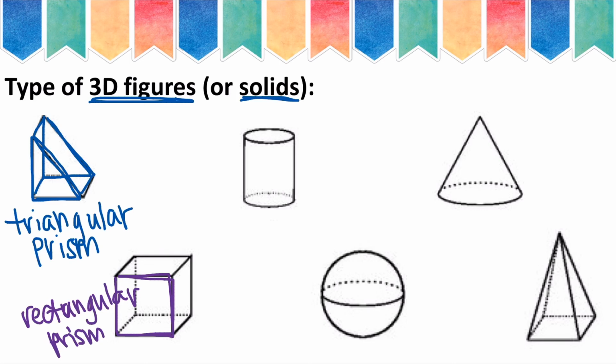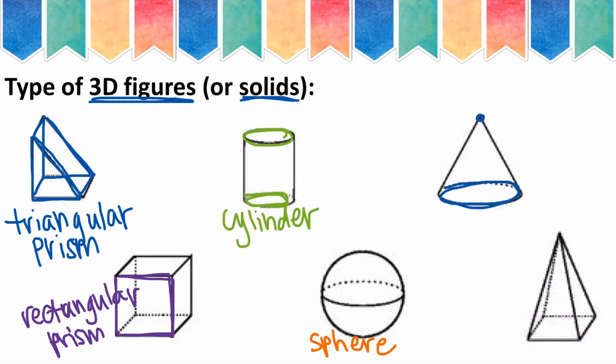This next shape, where it's a circle on the top and on the bottom, is called a cylinder. This next one that just looks like a ball is called a sphere. Now this next one, where it's a circle on the bottom but then a point on the top, we call that a cone.